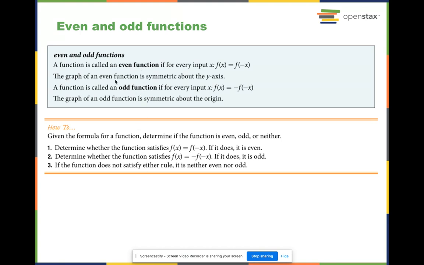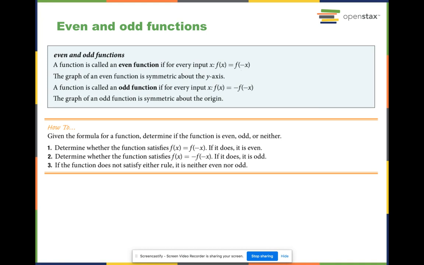Here's the official definition. A function is even if for every input, f of x equals f of -x. Well, let's think about what that means. This looks familiar. This looks like a horizontal reflection, right? So this is saying the function equals its horizontal reflection. What would that mean? That means it's symmetric, right?